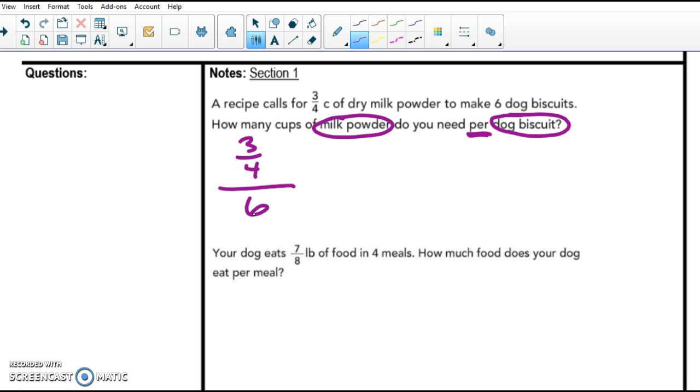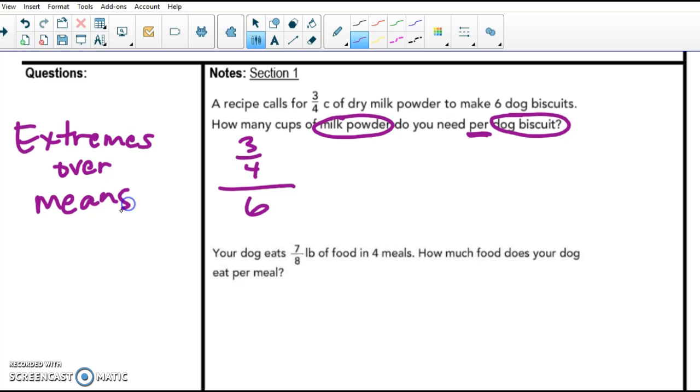So here's how extremes over means works. I would write down the name of this because the name tells you what to do. When we talk about extremes, we are talking about the numbers that are the farthest away from our fraction bar.